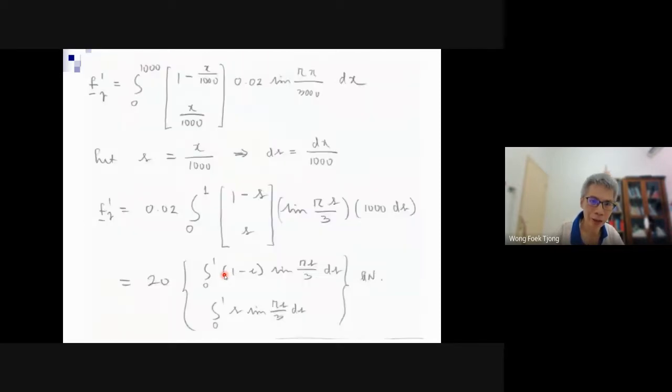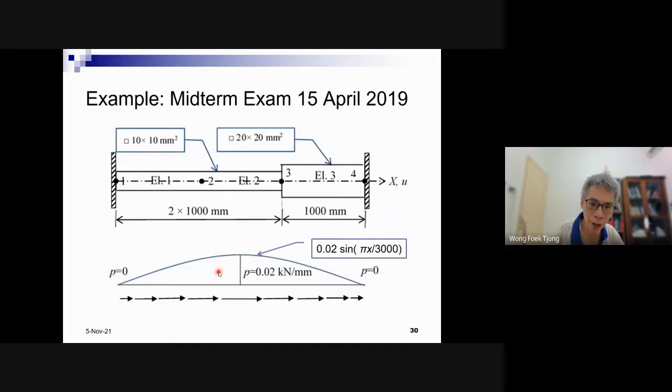So here is the answer. Well, the formula. From the formulation, we know the general formula to compute the equivalent nodal force due to this distributed axial force is equal to the integral along the element length of the shape function matrix transpose times P, a function of the local coordinate x, dx.